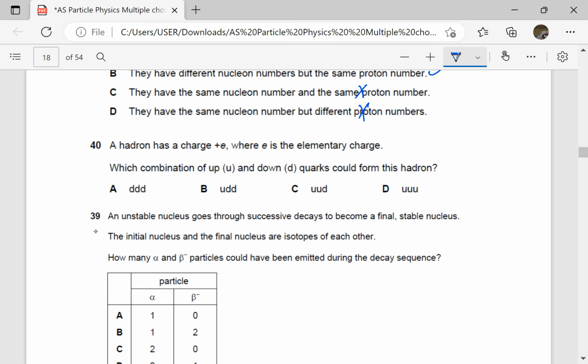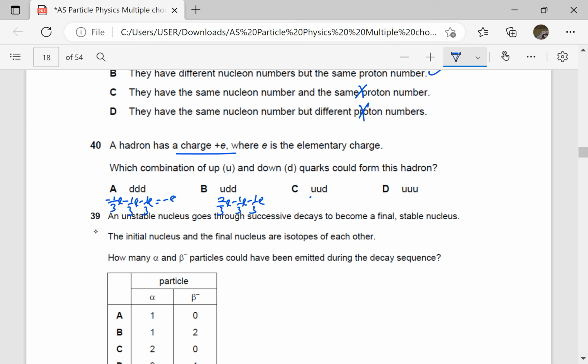A hadron has a charge positive e, where e is the elementary charge. Which combination of up and down quarks could form this hadron? So just check the charges. Down, down, down is negative 1 over 3e, minus 1 over 3e, minus 1 over 3e, which is a negative charge. So this is negative e. Up, down, down is 2 over 3e minus 1 over 3e minus 1 over 3e, which charge is 0.